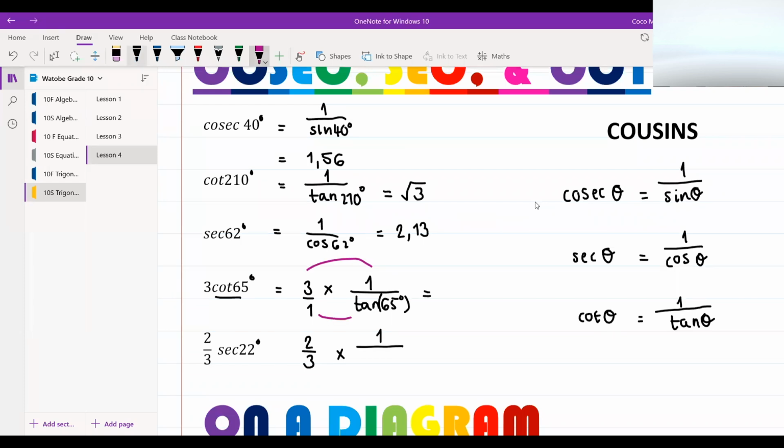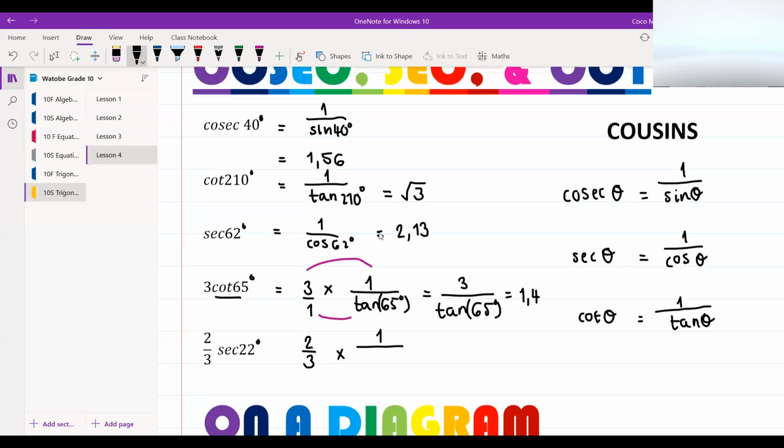So I'm going to get 3 over tan of 65, because 1 times tan is just tan of 65. Which is equal to, I'm seeing everybody say 0.72. Is that the correct answer, Teacher Nels? Or is it 1.40? I think it's 1.40. Yeah, 1.4.